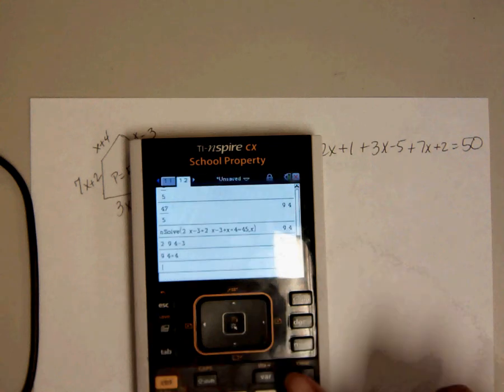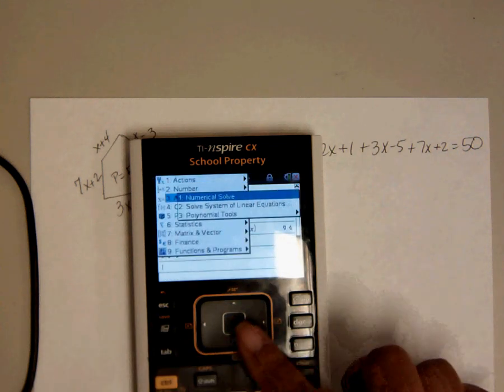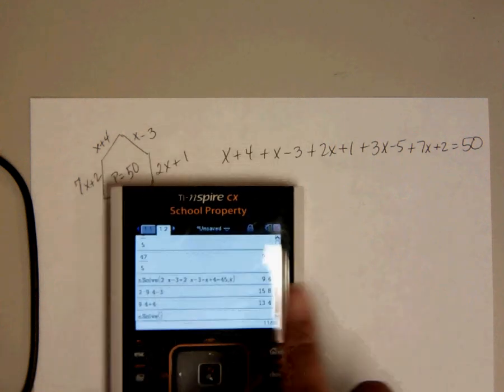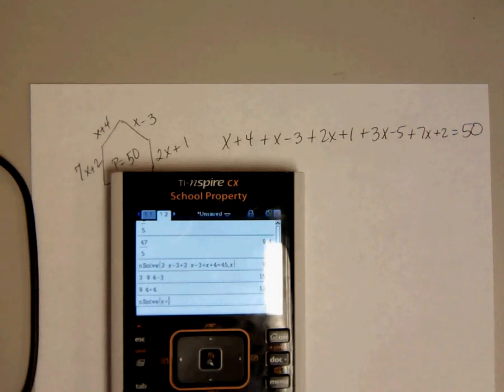We can do all that by hand, or we can come here and do menu 3, 1, and we type in everything we have there. So x plus 4 plus x minus 3 plus 2x plus 1 plus 3x minus 5 plus 7x plus 2. Put the equal sign, put 50, and then put comma and the letter used.